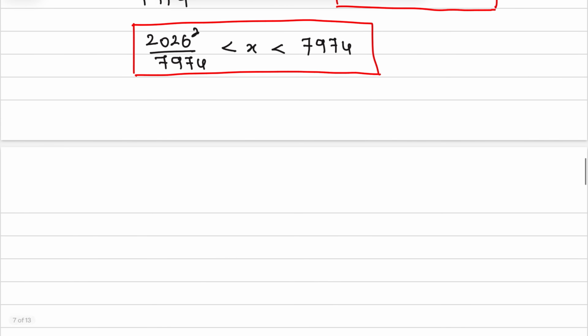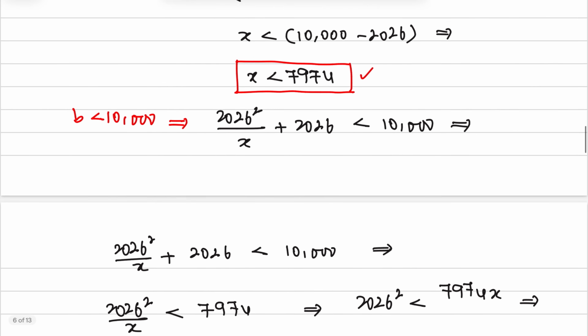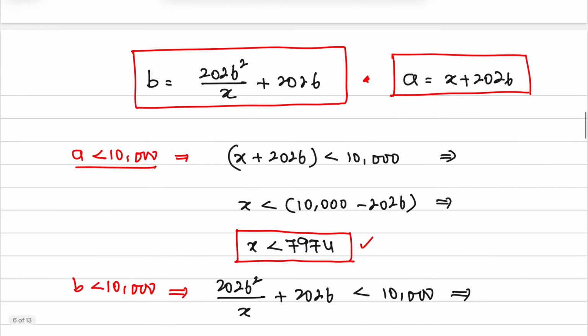Now from this we have to find out the x value. What are the divisors of 2026 whole squared? There are 9 divisors. Here x is one of the divisors of 2026 whole squared.